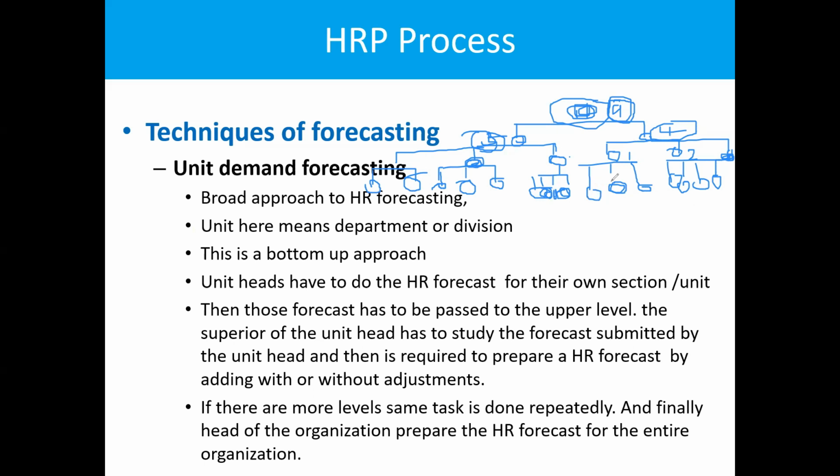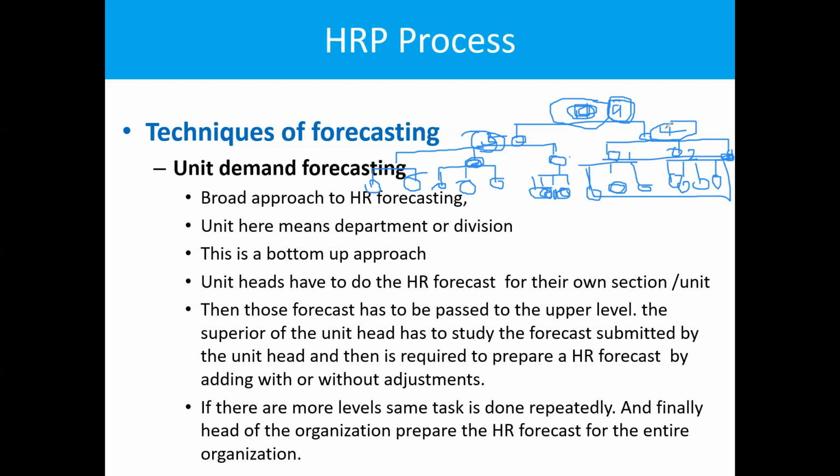For example, this manager says one person is needed. This manager says 2 people are needed, right? And these two predictions are communicated or passed to the upper level. And this manager thinks that because he is the one who supervises the entire department, entire sections, right? So then he has the knowledge about all the business requirements. Then he can adjust this prediction.